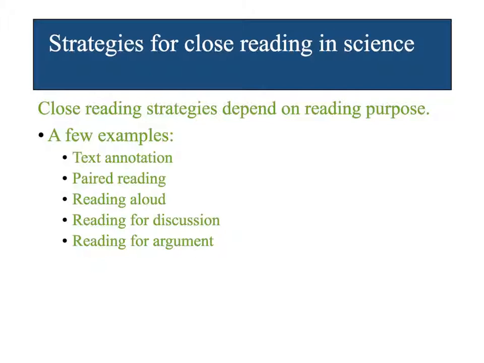For some things, students are reading to prepare for an exam. For some things, they're reading just to talk about it with each other to make sure that they understand the points that are being made. So the strategies that they'll be shown and then the strategies that they eventually will self-select depends upon what they're being asked to do. And that is a brief example of close reading in the sciences.